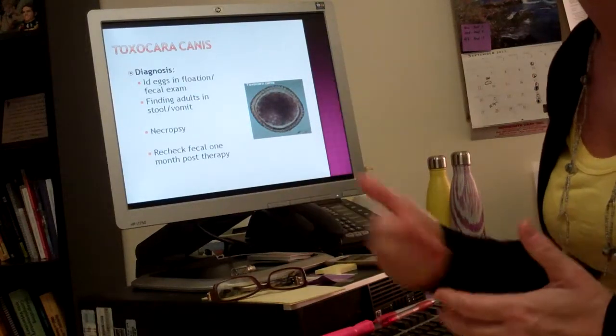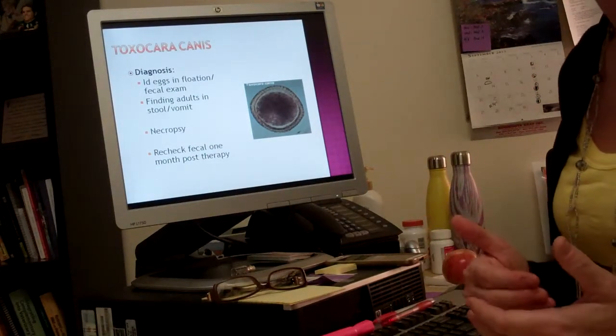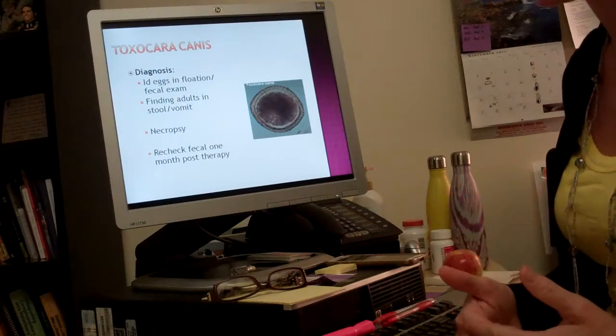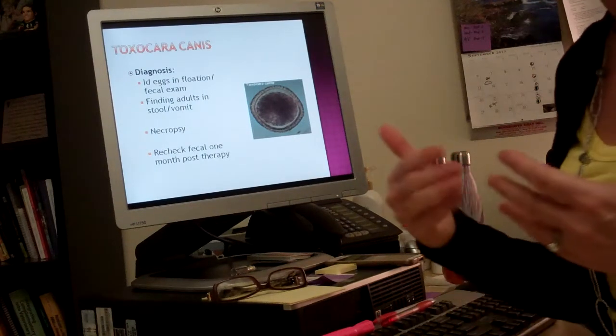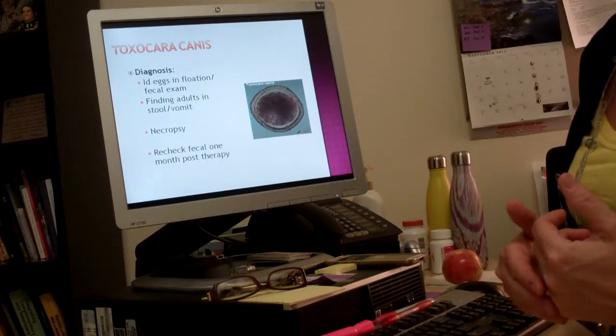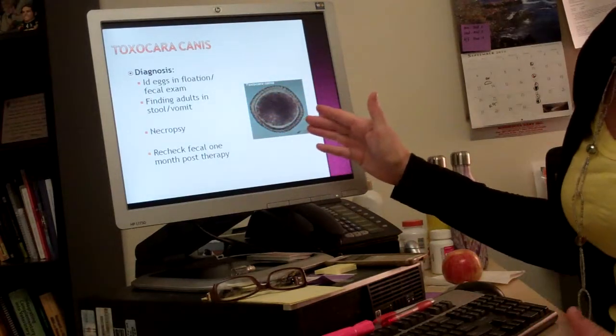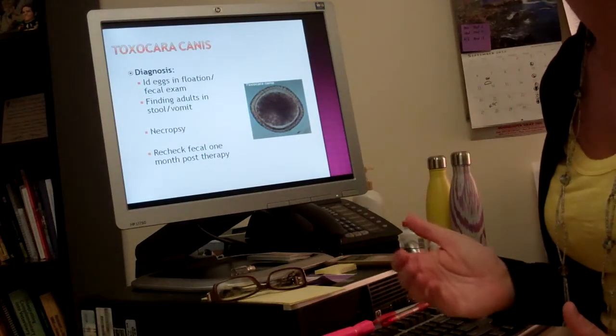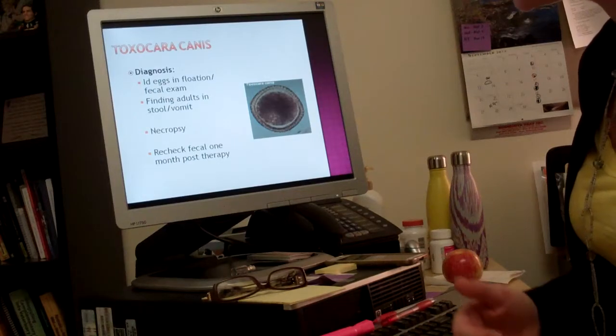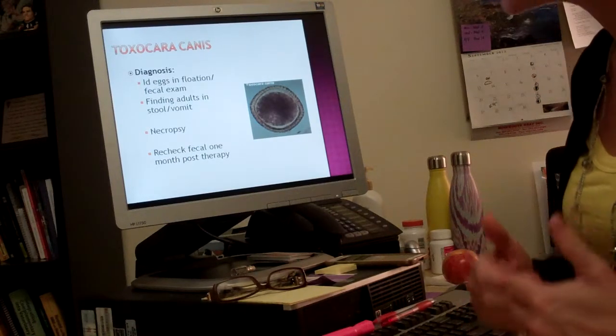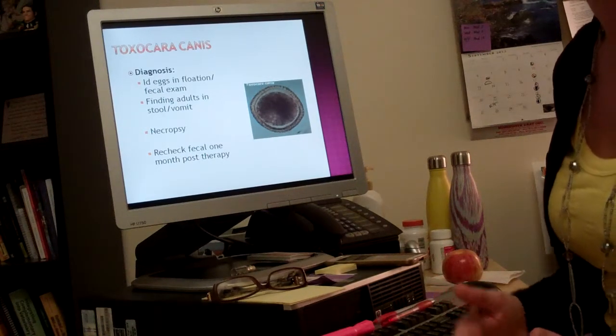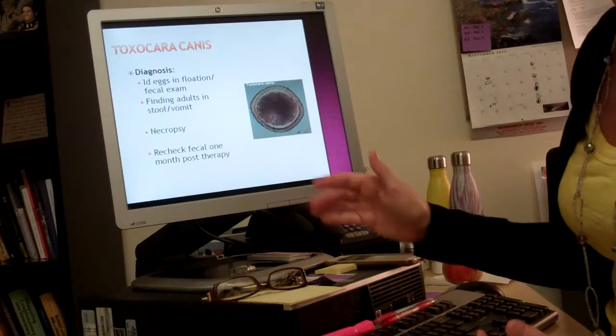Recheck 1 month. We've talked last week about how we always recheck post-therapy. So ultimately, when we do find a parasite, we are going to kill that parasite. We're going to send the owner home with some medication to kill this parasite.